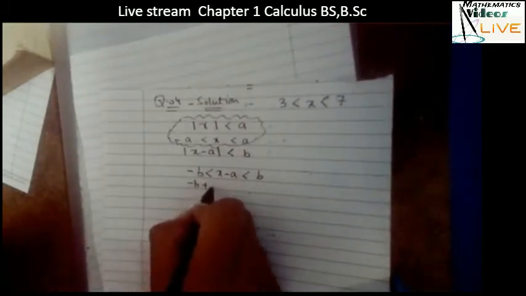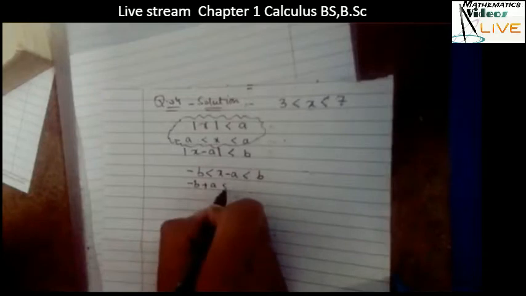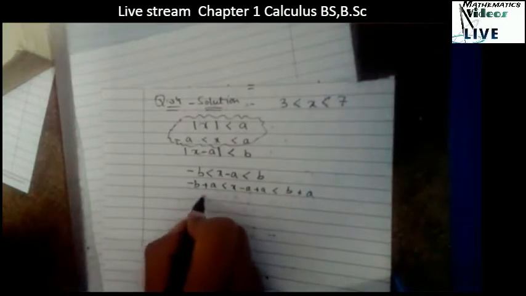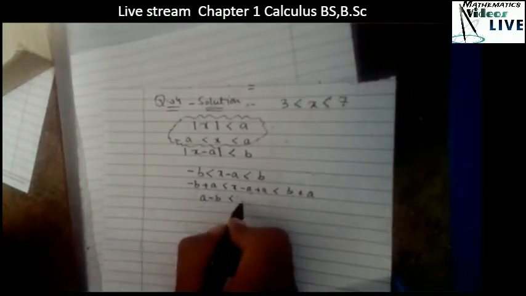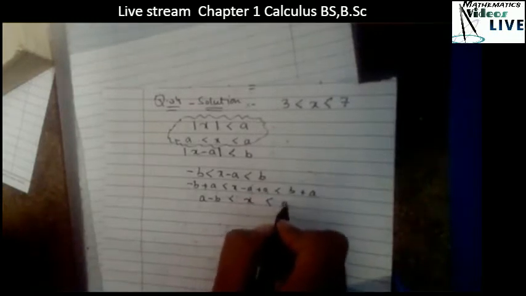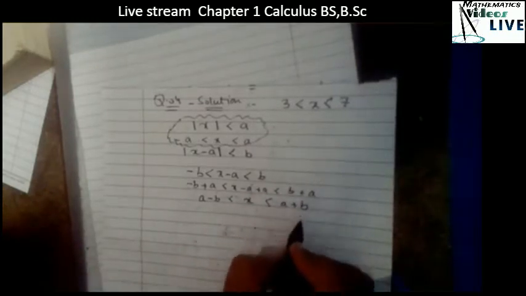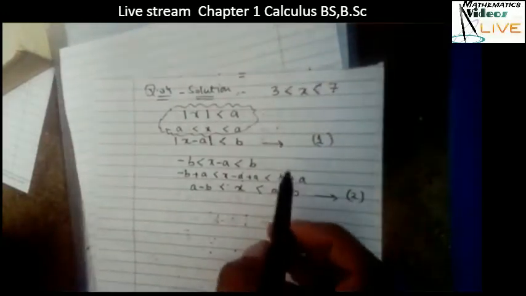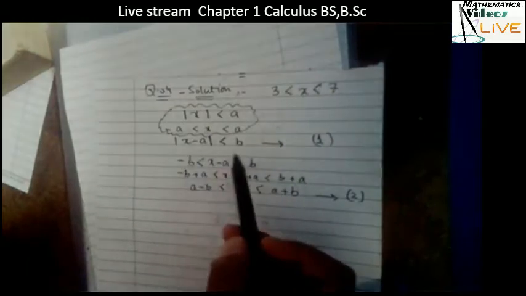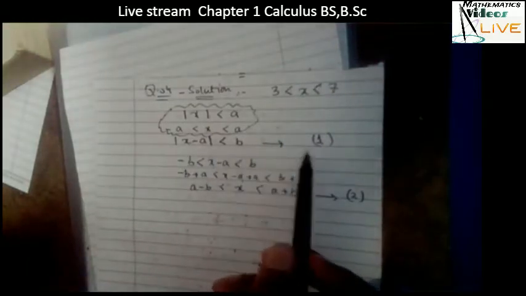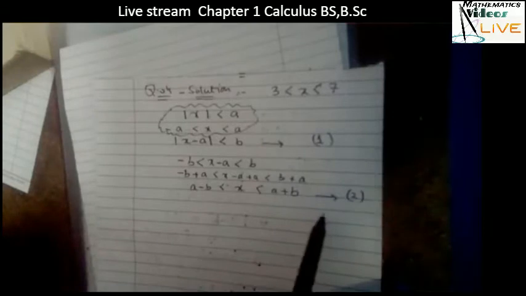So minus b plus a is less than x minus a plus a is less than b plus a, which in turn gives a minus b is less than x, because a and a cancel out, is less than a plus b. Name it inequality number 1 and this inequality number 2. From this we have seen that when inequality 1 holds, we get inequality number 2.